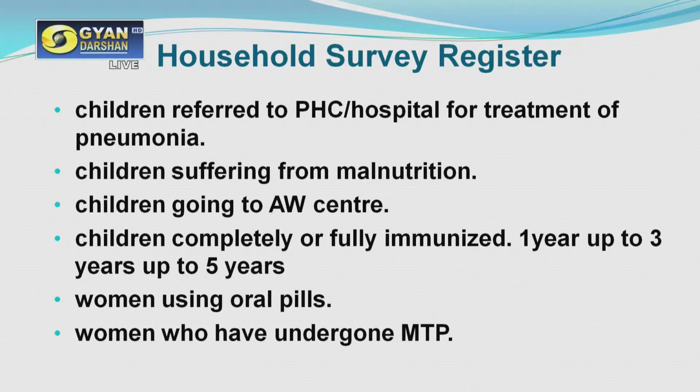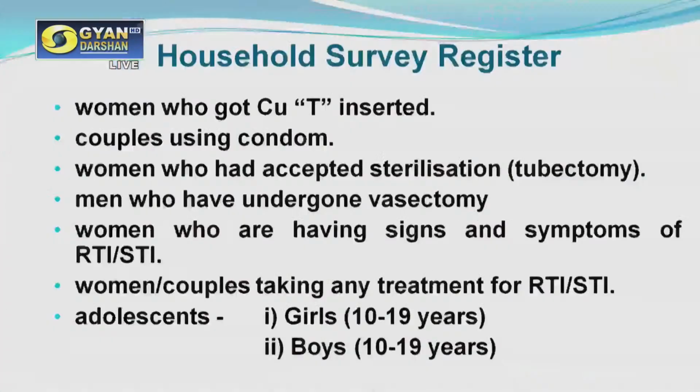Women using oral pills or women who have undergone MTP, women who got a copper T inserted, couples using condoms, women who have accepted sterilization like tubectomy for females and vasectomy in case of men, and women who have signs and symptoms of RTIs or STIs. You can record here.